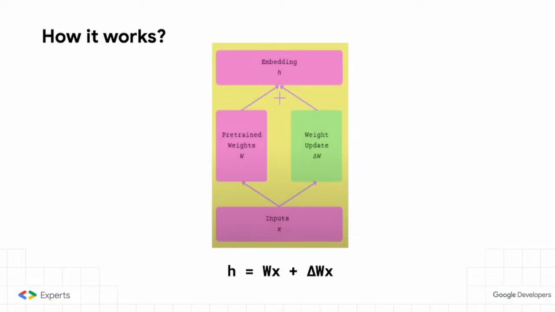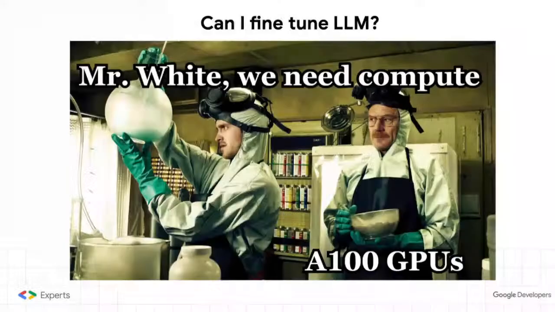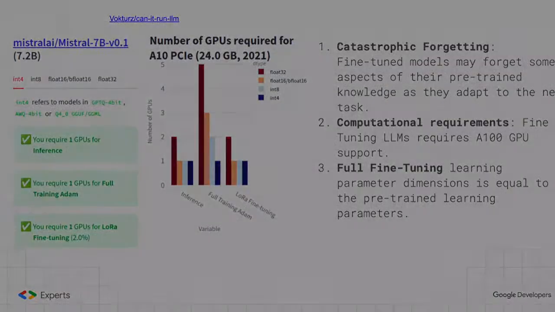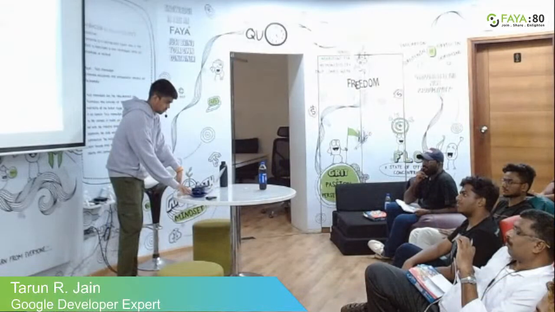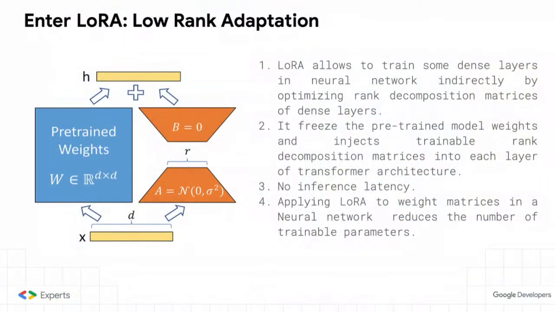This updated weights is divided into two smaller low dimension matrices. So A and B here are low dimension matrices. This R is your intrinsic dimension, which you are using for your matrix multiplication for back propagation.